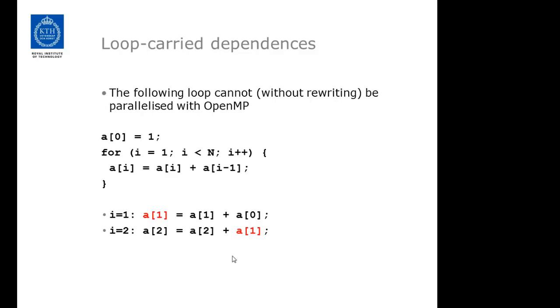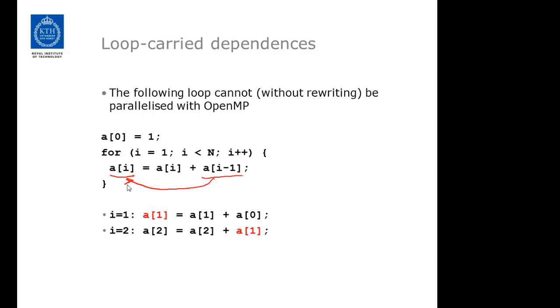This example shows a true data dependence as manifested in a loop carried dependence. The loop here, which goes from I equals 1 to n minus 1, reads a data element produced by the previous iteration, and it produces a data value for the current iteration.